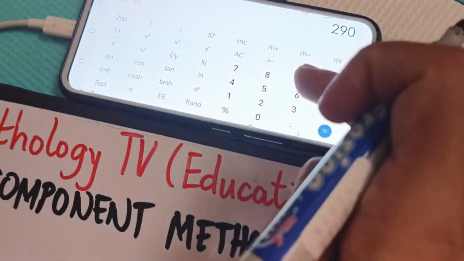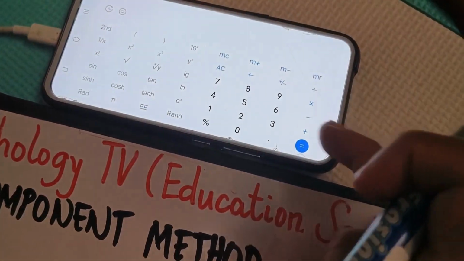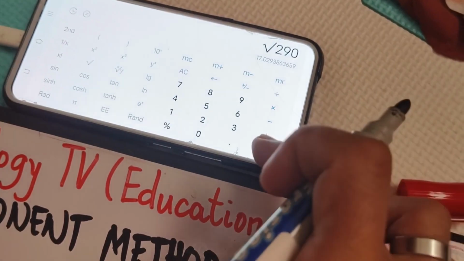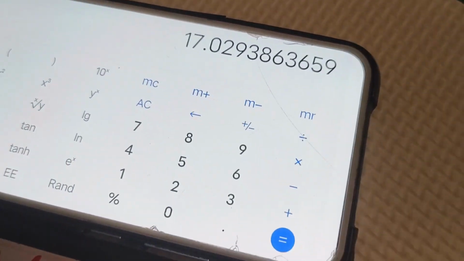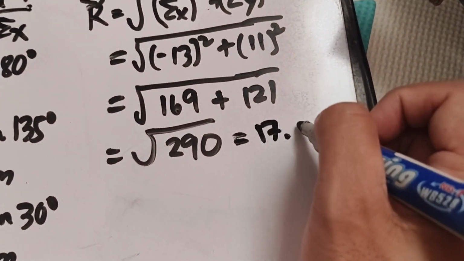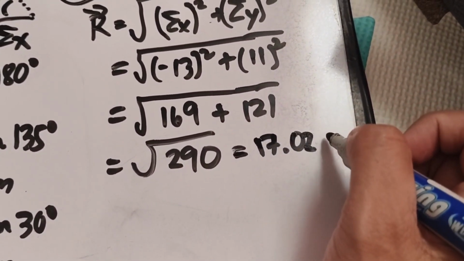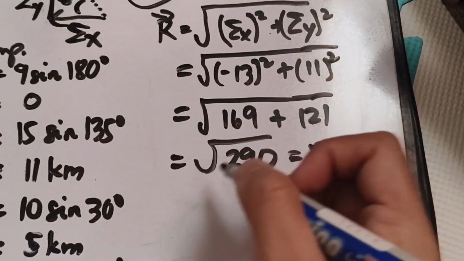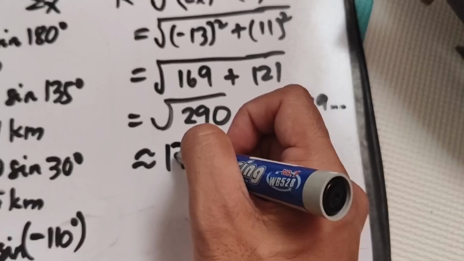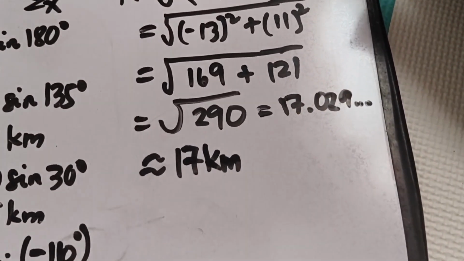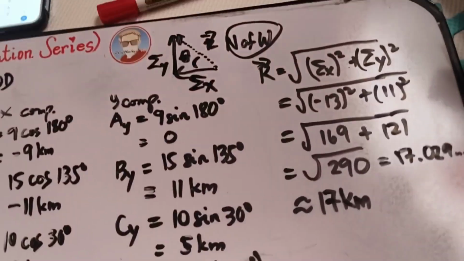And what's the square root of 290? Square root of 290 is equal to 17.029 and so on kilometers, or approximately rounded off to whole number, we have 17 kilometers. So hindi pa tayo tapos.